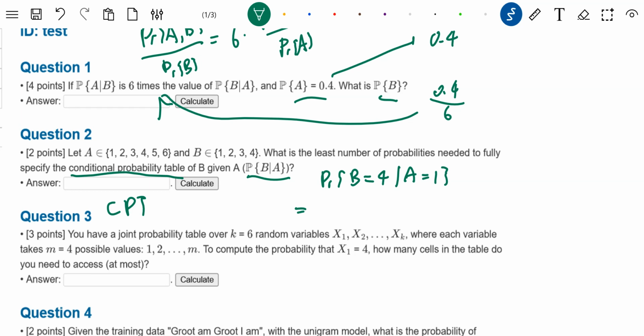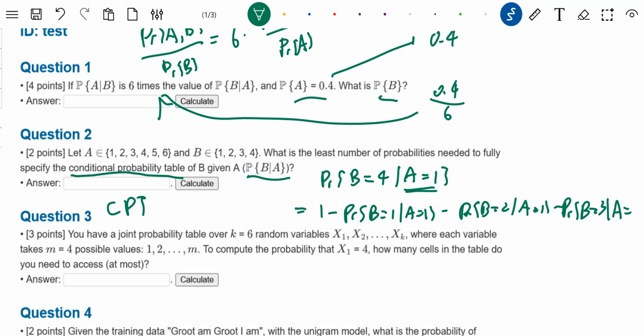So here, given A is 1, there are only 4 possible values of B, so they should sum up to 1. So that means the probability of B is 4 given A is 1 equals 1, subtract the probability of B is 1 given A is 1, subtract B is 2 given A is 1, subtract B is 3 given A is 1.